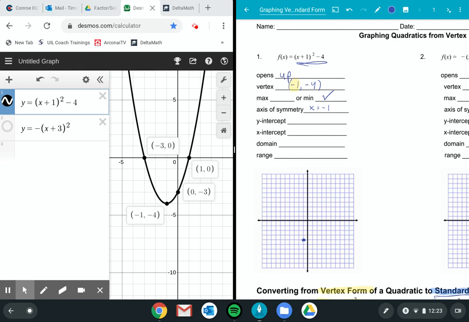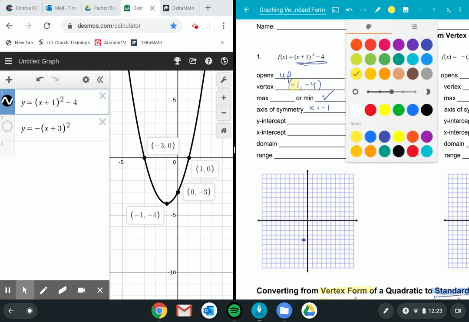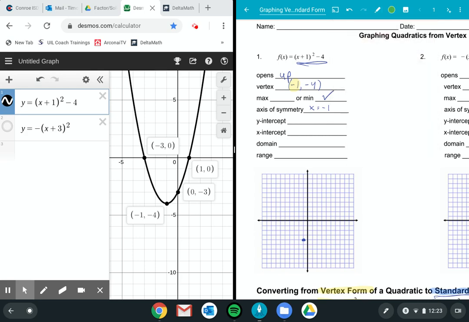Okay. My axis of symmetry, I'm going to use a highlighter and color it with a particular line, just so I know this is the line that is going to cut this graph evenly in two. So everything on either side of that line should be symmetric, which is why it's called an axis of symmetry.